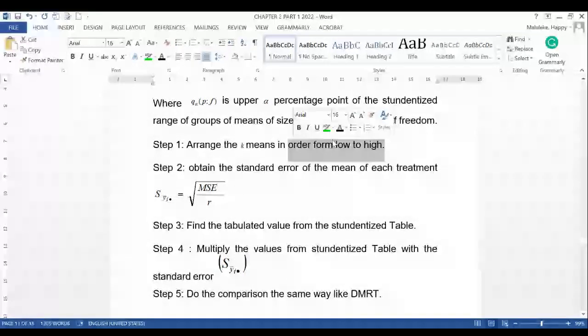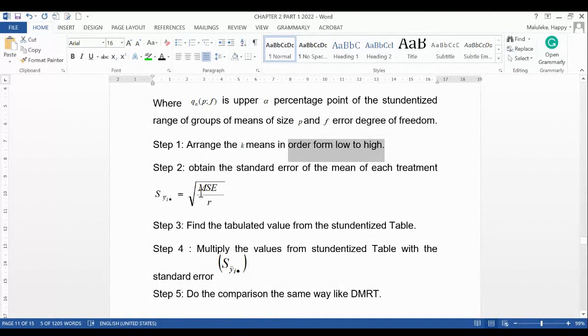So let's check. You arrange the means from low to high. It's the same thing as saying you arrange the means in ascending order, from lowest to largest. Obtain the standard error. You know how to define the standard error, guys. Find the tabulated values from the studentized table. What did I say about Duncan?